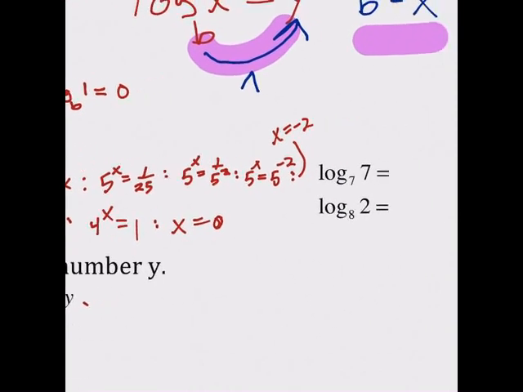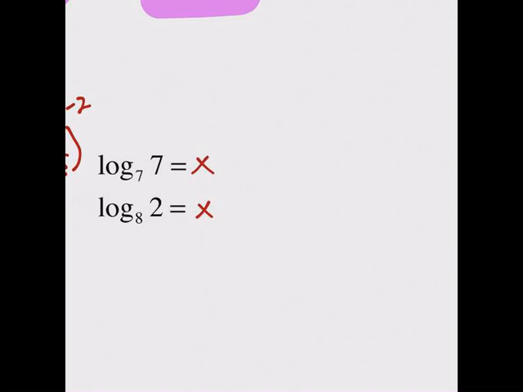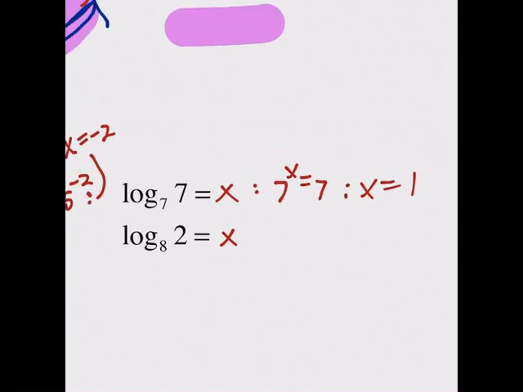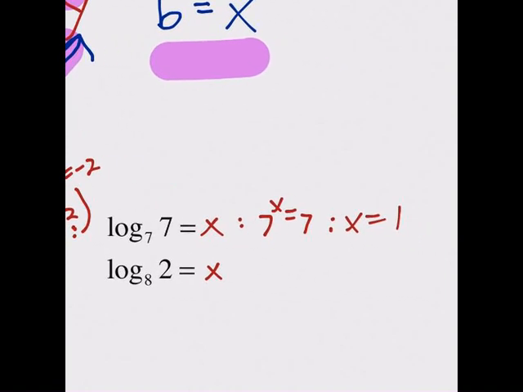Now, rolling. Put some x's in there. Let's just chalk these up. Let's just do them because I want you guys to play with a bunch of examples later on your own. 7 to the x equals 7. Hey, x equals 1. Like that one. So that's another nice general rule. If base and the number you're taking the log of match, you're going to get x equals 1 because you're going to have 7 to what power is going to give you the same number, and that has to always be 1.